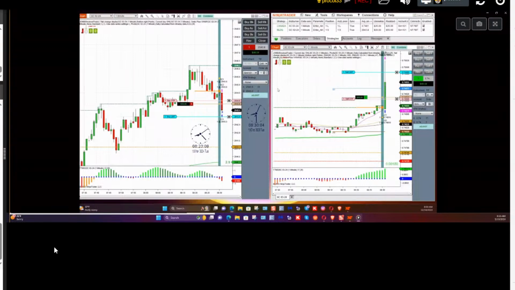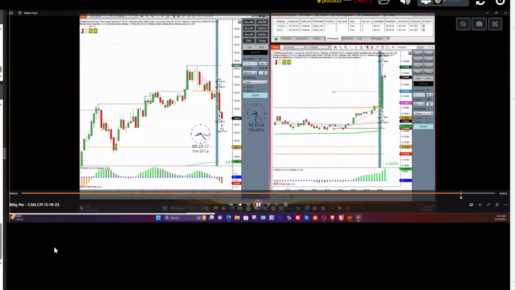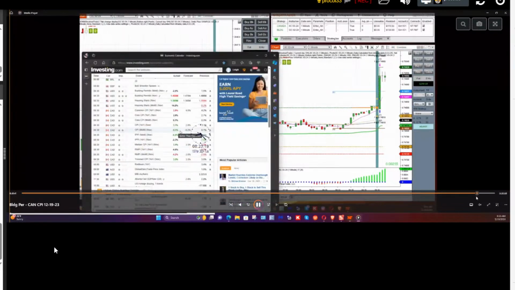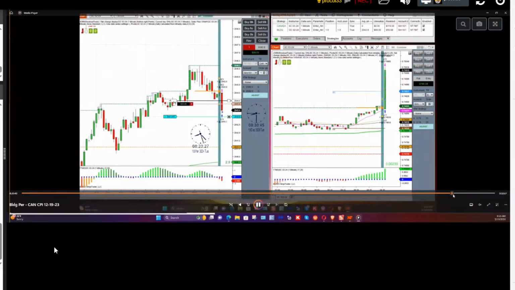Hit the first target right away. So then it was just a question of how you managed the trade, whether or not you took a profit or didn't. And then building permits eventually moved in the direction of the trade and had a good follow through. It took more than a minute.